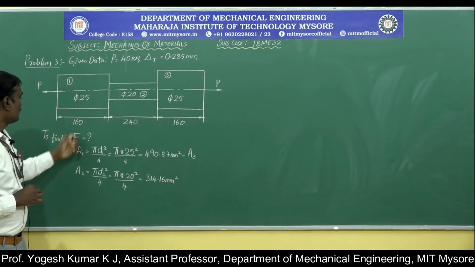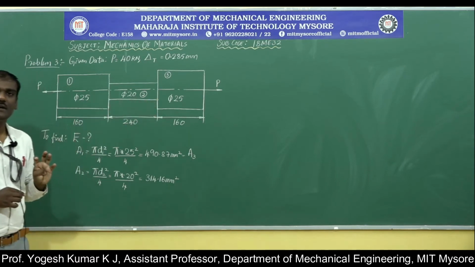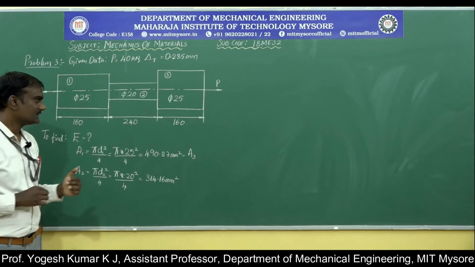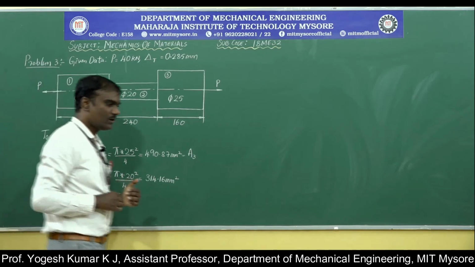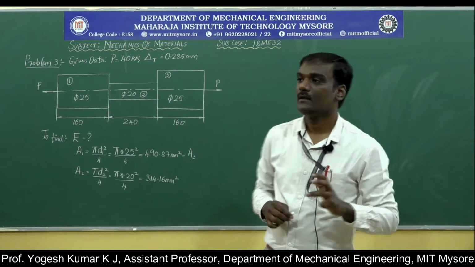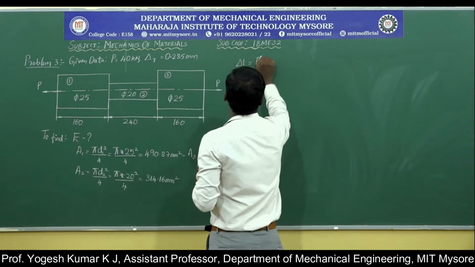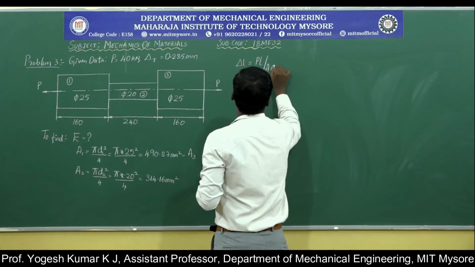Now how to go for the Young's modulus? We have three different sections. In our theory classes, we have seen an expression for change in length of the bar if it has uniform cross section. For uniform section, we had an expression delta L equals PL by AE.